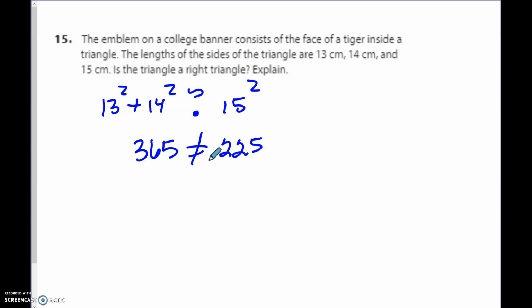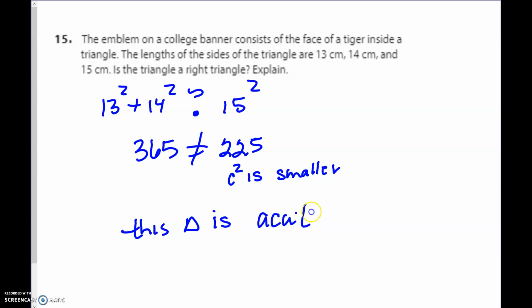They are not equal. C squared is smaller. This triangle is acute because c squared is smaller.